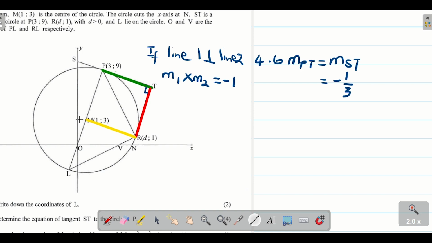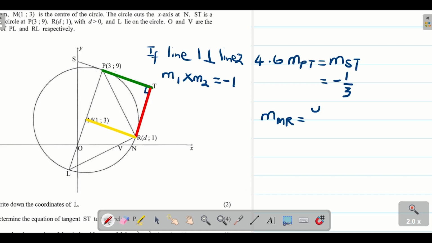So we have the coordinates of the center of the circle, which is point M, and we have the coordinates of point R. So we can find the gradient of line MR, which is the radius. So let's find the gradient of line MR.